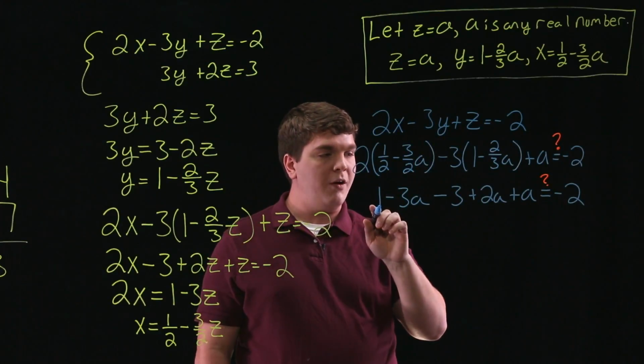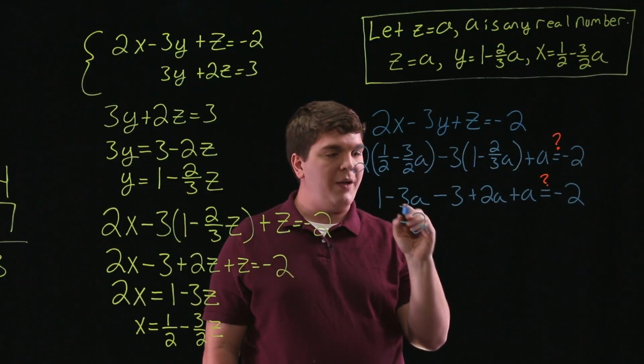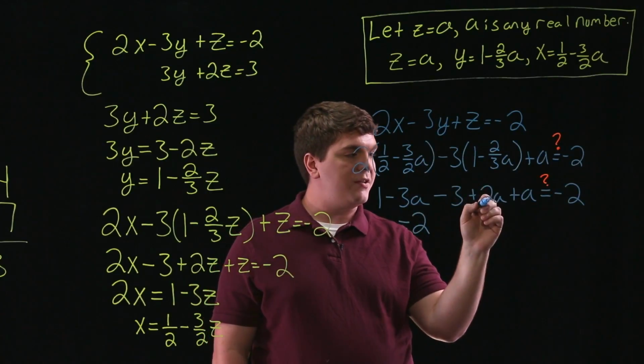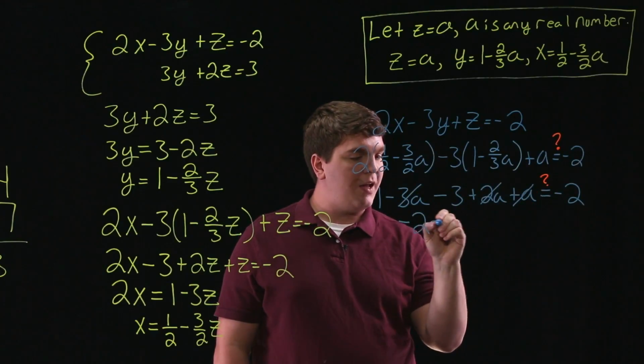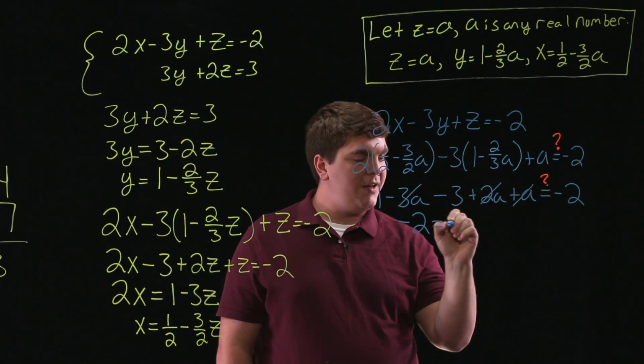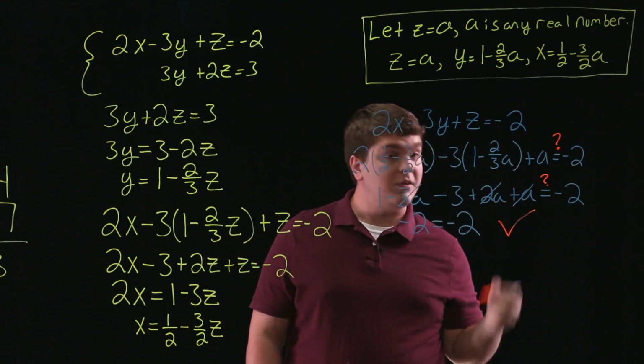Well, here we'll have 1 minus 3 is negative 2, and we have minus 3a plus 2a plus a, so these will cancel, and we're left with negative 2 equals negative 2. So this is a solution to the first equation.